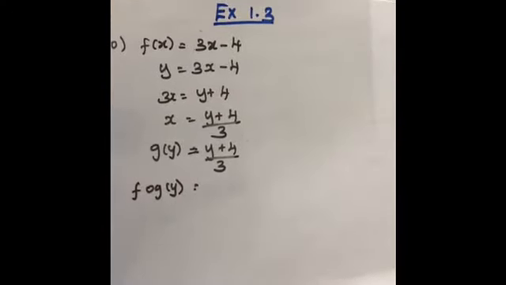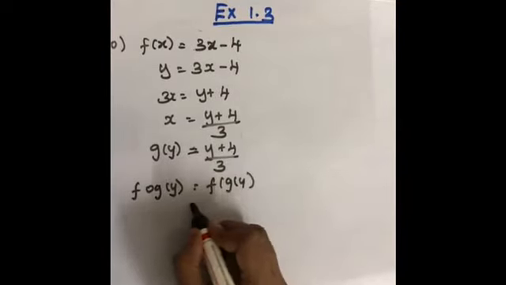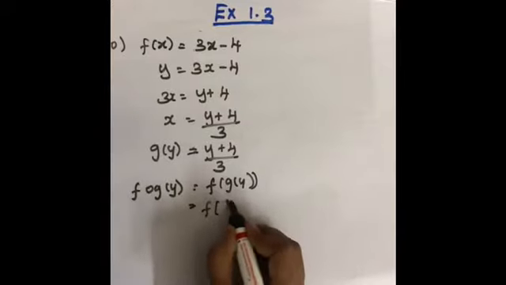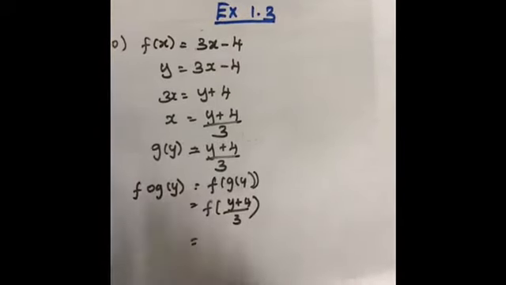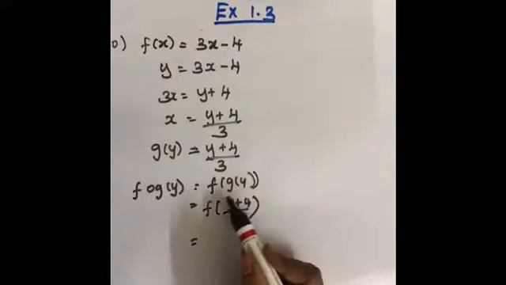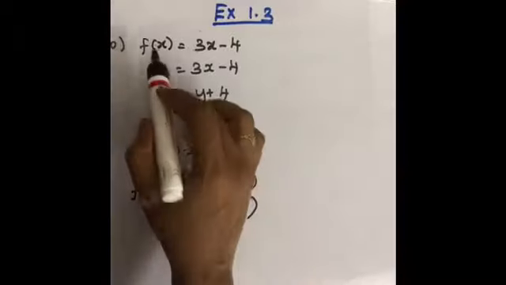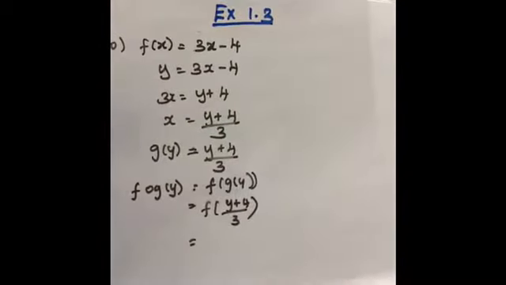f composite g of y is equal to f of g of y. What is g of y? g of y is (y plus 4) by 3. So, f of (y plus 4) divided by 3. To apply this function, instead of x we have to substitute this in f of x. f of x is equal to 3x minus 4. Instead of x, we substitute (y plus 4) divided by 3.